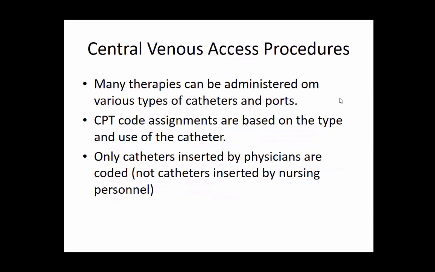Central venous access procedures are used to administer different medications or treatments. The CPT code assignment is based on the type and the use of the catheter. Only catheters inserted by physicians are coded, not catheters inserted by nursing personnel.